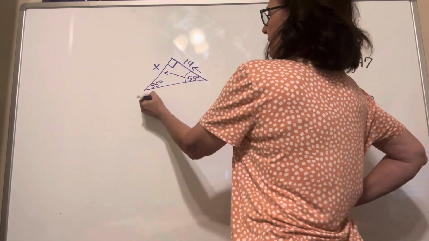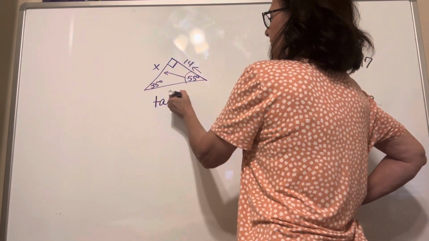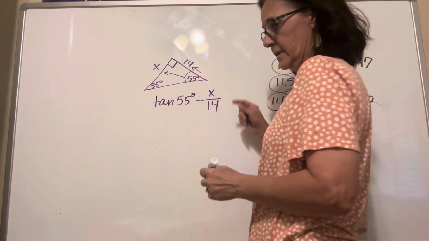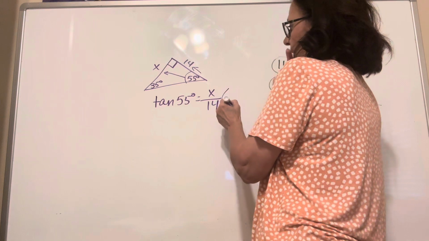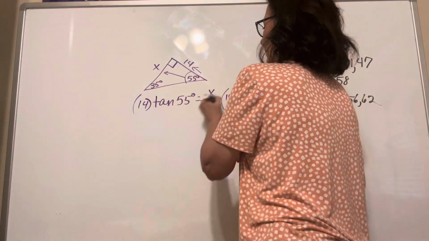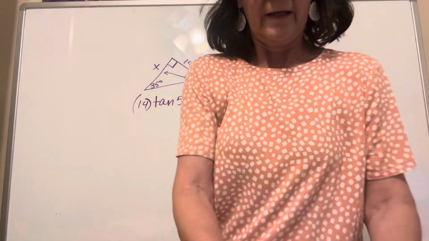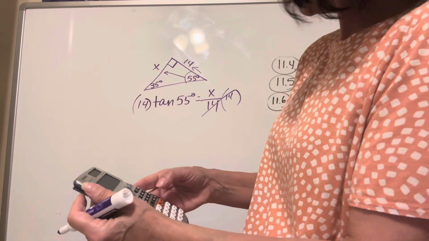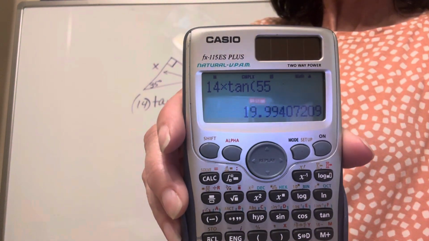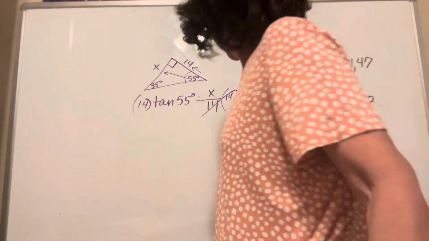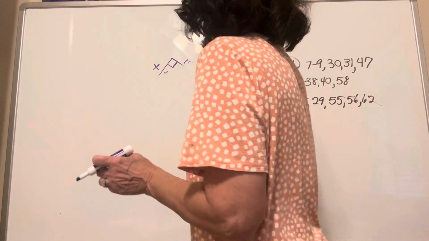That's adjacent. So it's also the tan. Tan of 55 degrees equals the opposite over the adjacent. I just multiply by 14 on both sides. And that's 14 times the tan of 55. And you get the length of the side. All right. That's 31.